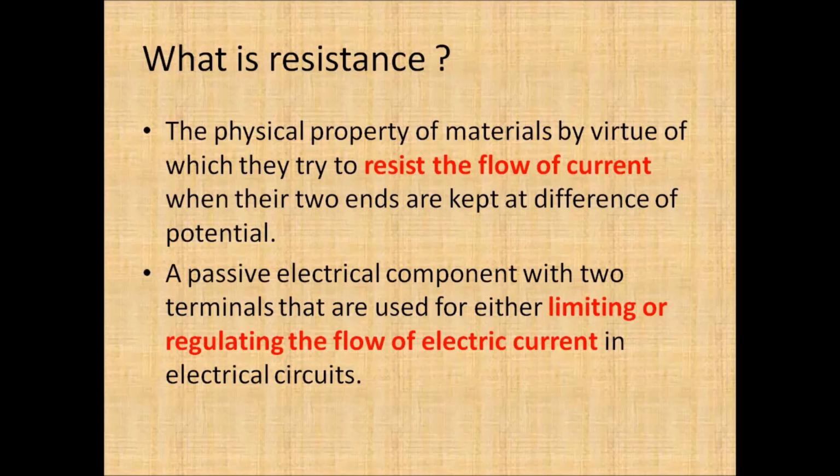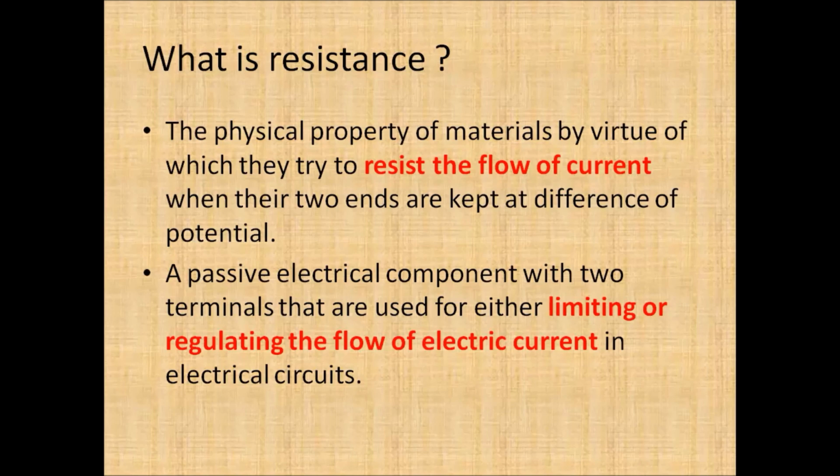And if we are dealing with an electrical network, and at any point we want to control or limit the current, or we want to regulate its value, then the device which is used for this purpose is called a resistor.